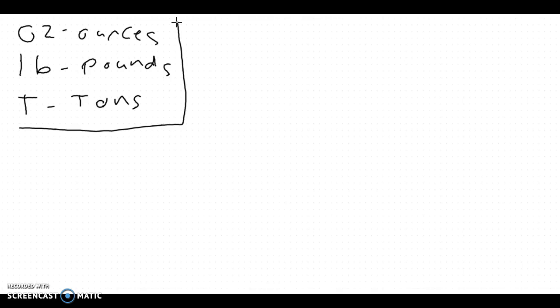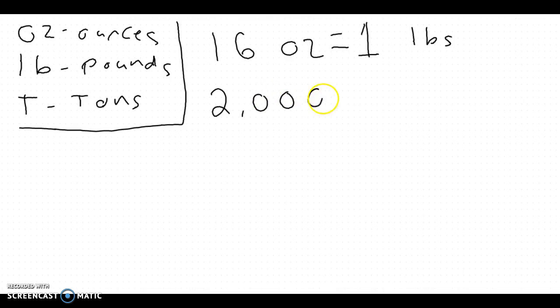Ounces are the smallest unit of weight that we have in the customary measurement, and there are 16 ounces in 1 pound. So if you put 16 ounces together, that will weigh the same as 1 pound. The medium size is pounds, and there are 2,000 pounds in 1 ton.